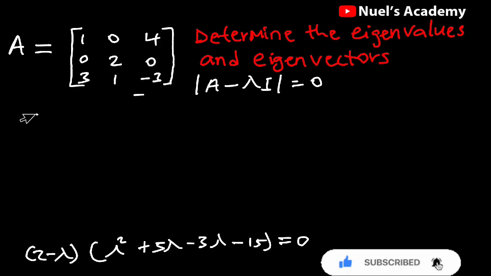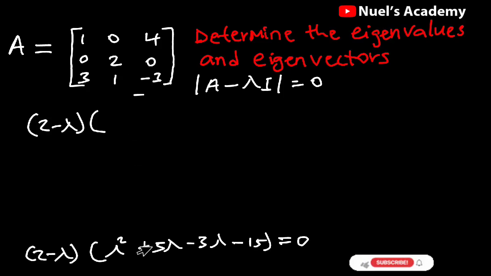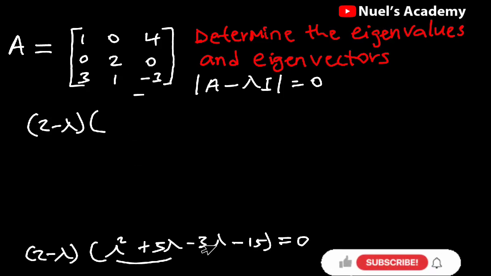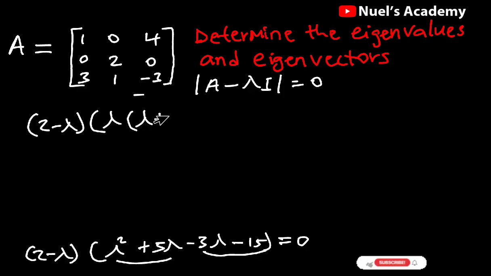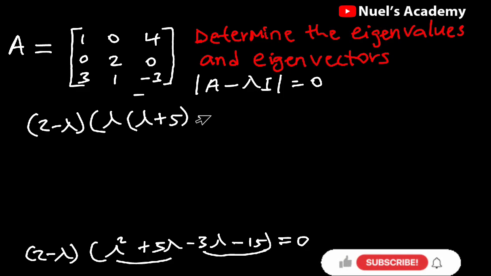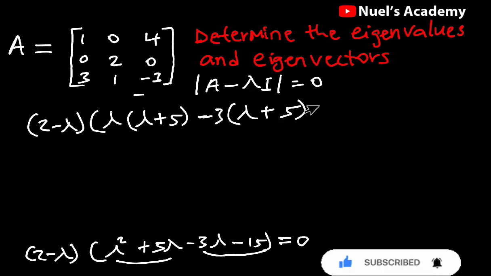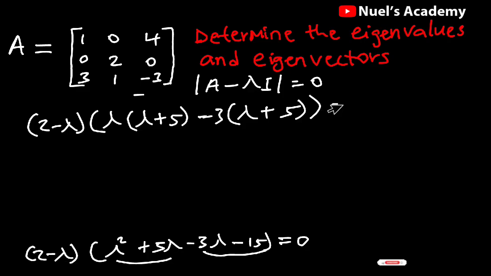So we're going to have 2 minus lambda multiplied by, let's group this like this and this. We factor out lambda from lambda squared plus 5 lambda, and we're left with lambda plus 5. Then minus, if you factor out 3 here, we're left with lambda plus 15 divided by 3, which is 5. And then this will be equal to 0.